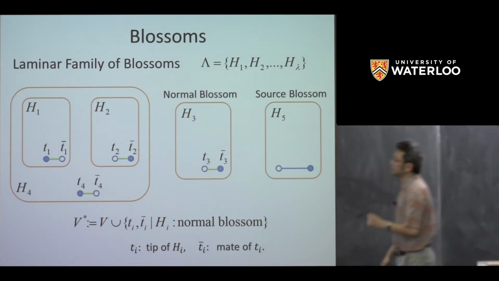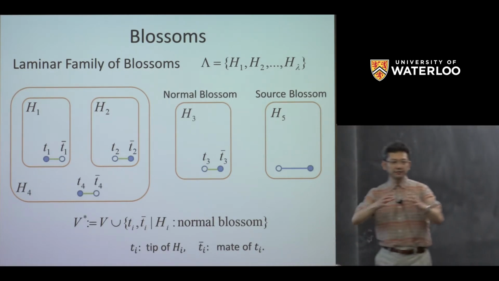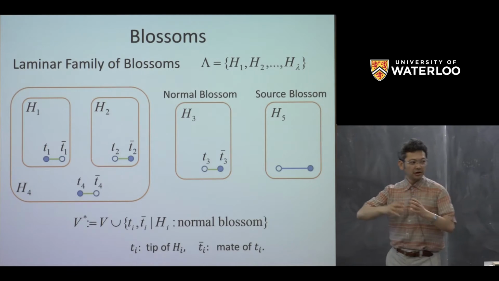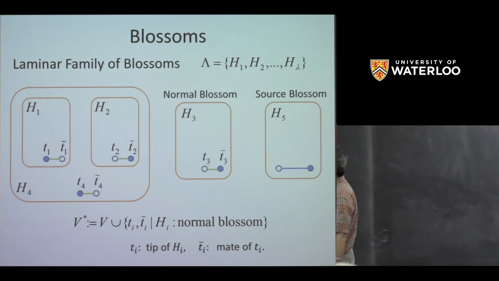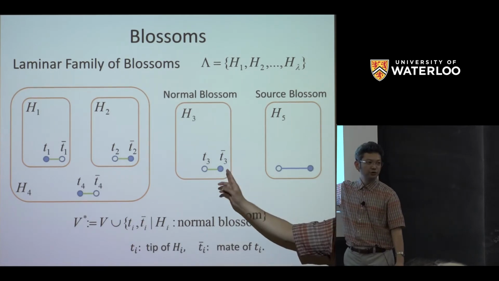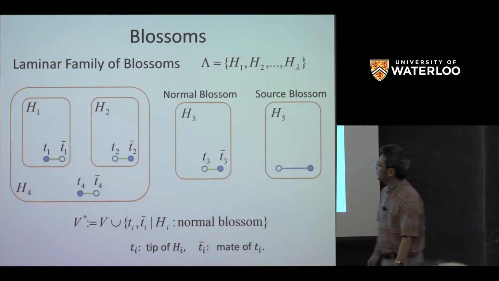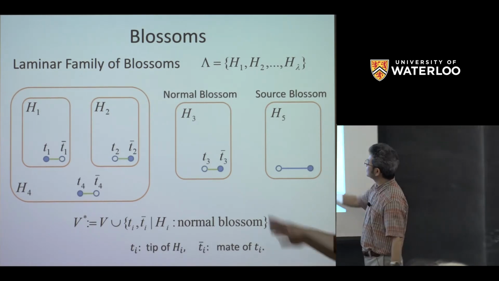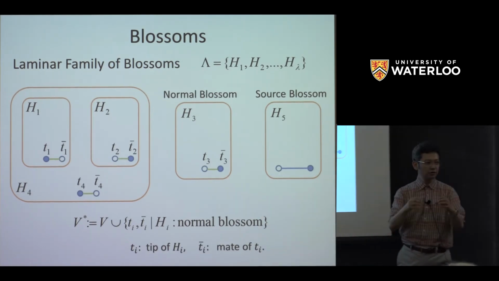Here the blossoms form a laminar family, and that basically consists of some lines and some additional new vertices. We have two types of blossoms. One is a normal blossom that doesn't contain source lines.